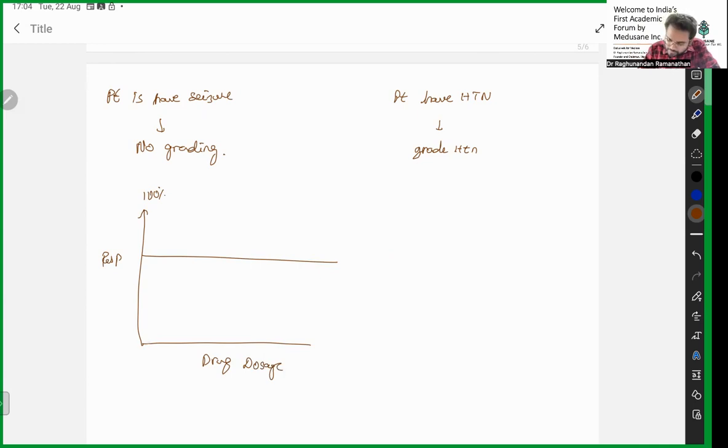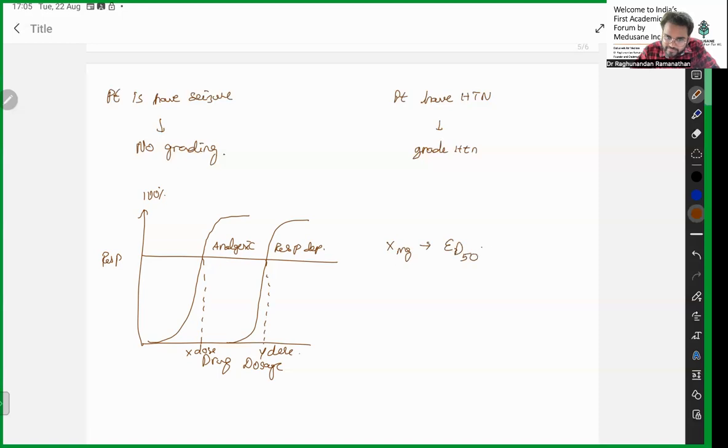Take the same morphine. At an X dose, it is going to cause analgesic action. The same drug, when it acts at a Y dose, or Y mg, is going to cause respiratory depression. So what is X mg? X mg is the ED50. What is ED50?